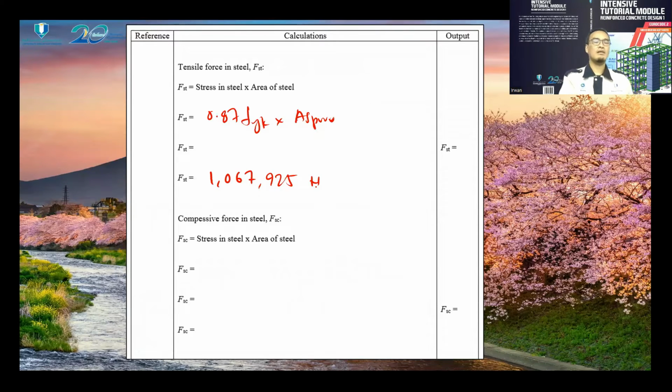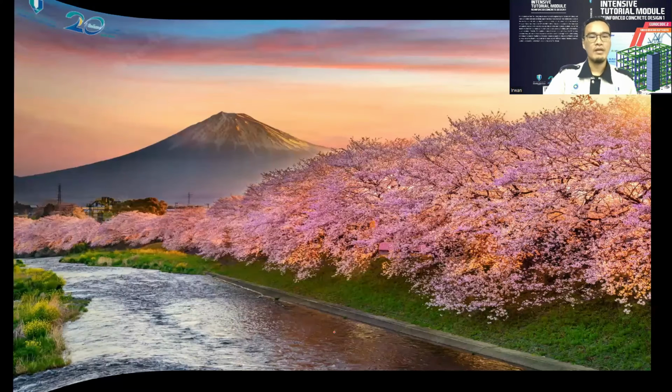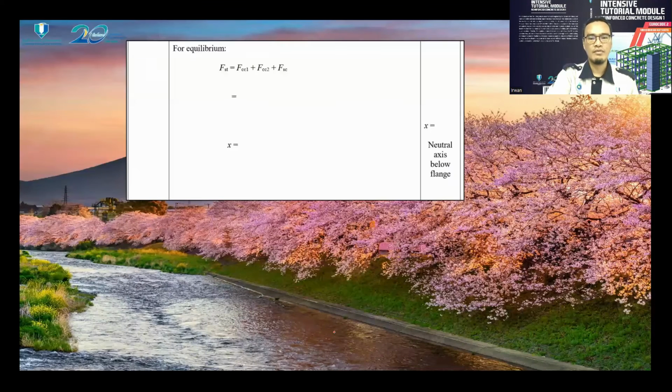And then how about the compressive force in the steel, FSC? 0.87 fyk multiplied by As prime provided. Can you give me the answer? 262,305 Newton. Good.